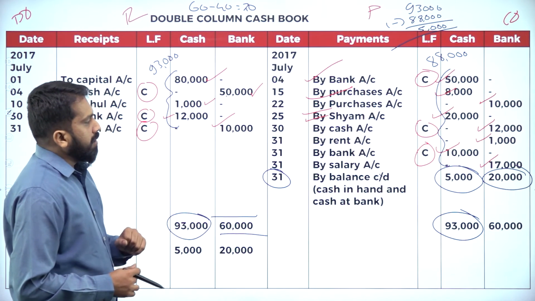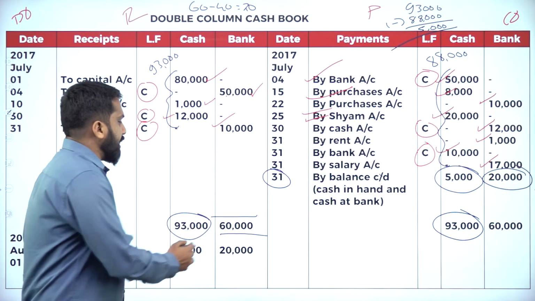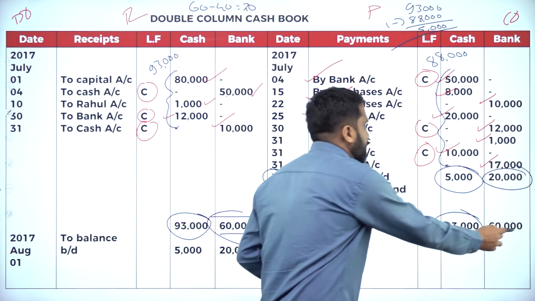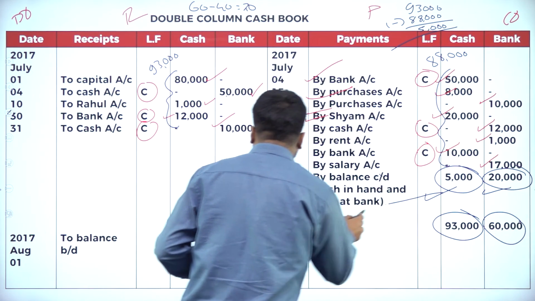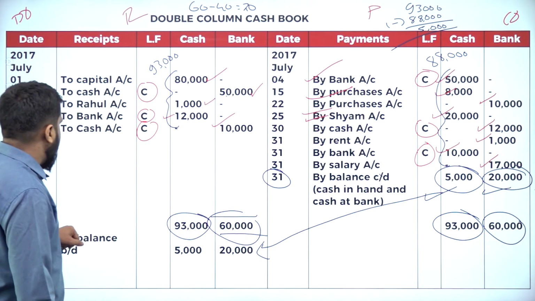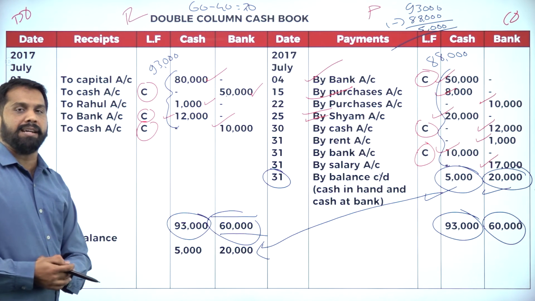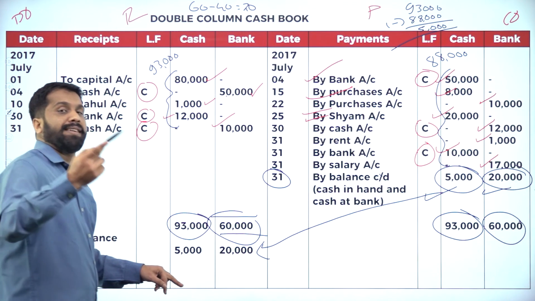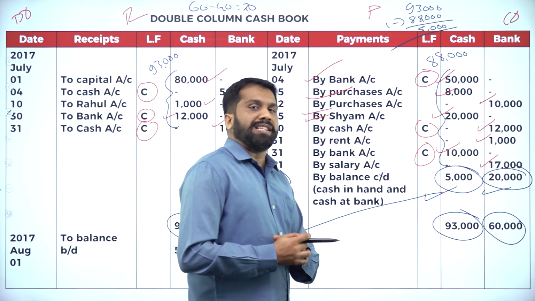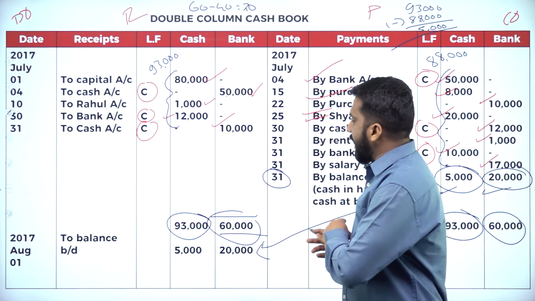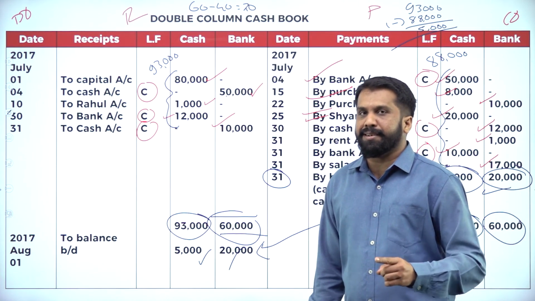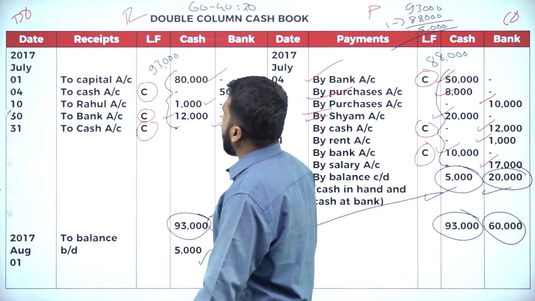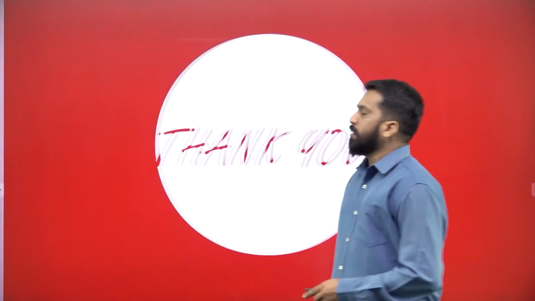Now, from 93 and 60, you got the answer of 5,000 and 20,000. The same thing you have to copy to balance brought down, 5,000 and 20,000. What is this? This is for next month. So once you're done, you have to show what your answer is. Clear? Yes. So this is all about your double column cash book.